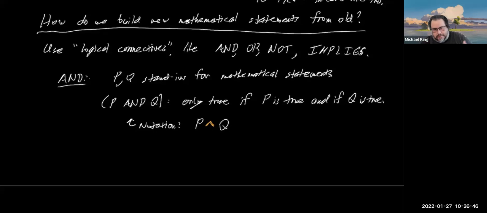I actually just like to write the word and because it's not that hard, and it reminds you what it is. You don't have to remember the caret is and, and the little V shape is or. So I tend to just write out the words.